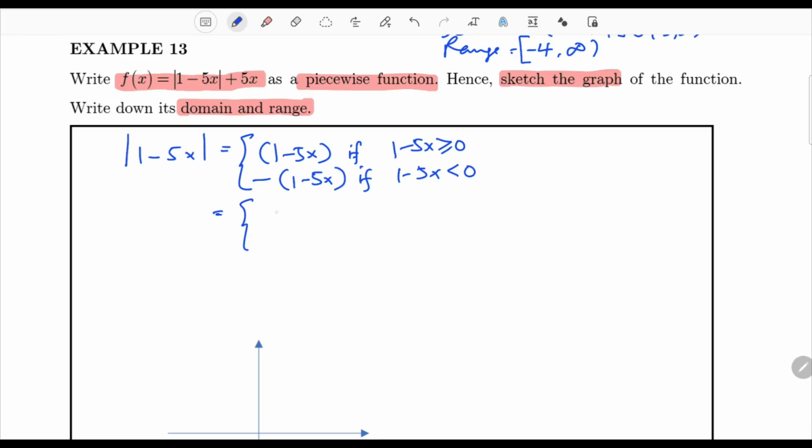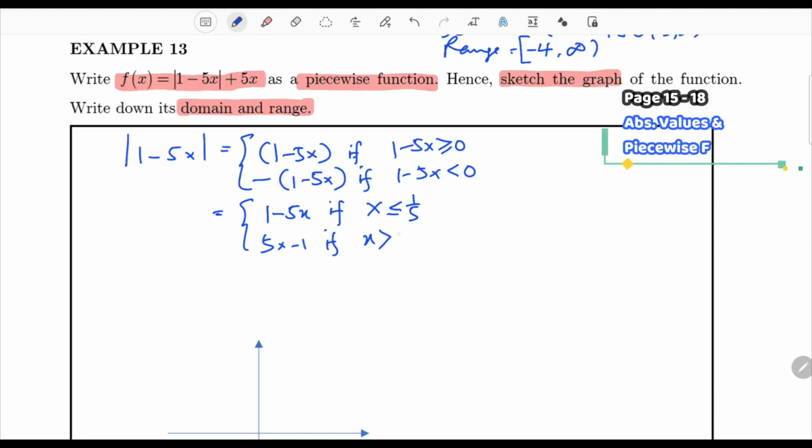So now write it further, solve it further. So we get this if x is less than or equal to 1 over 5, this will be 5x. So you multiply the negative inside: 5x minus 1, if x is greater than 1 over 5.